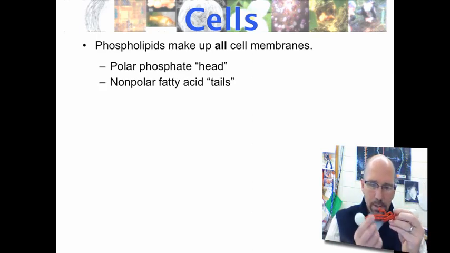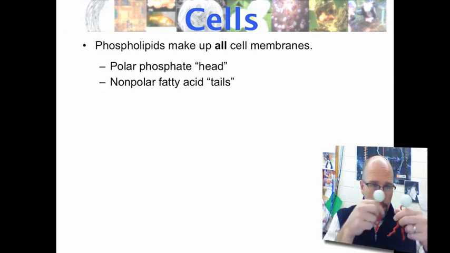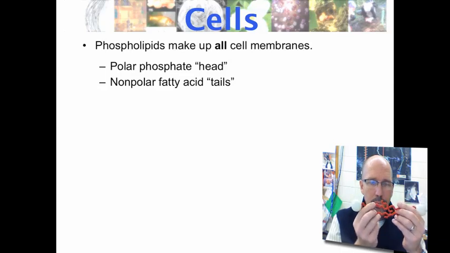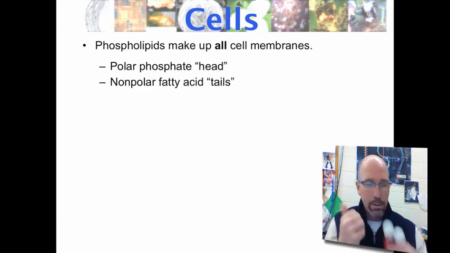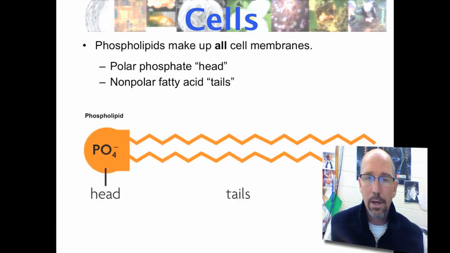So it's a bilayer, two, right? Two. And so we put these fatty acids back to back, and they're creating an impermeable barrier to water. And the phosphate ends are hanging out facing the water either inside or outside of the cell.